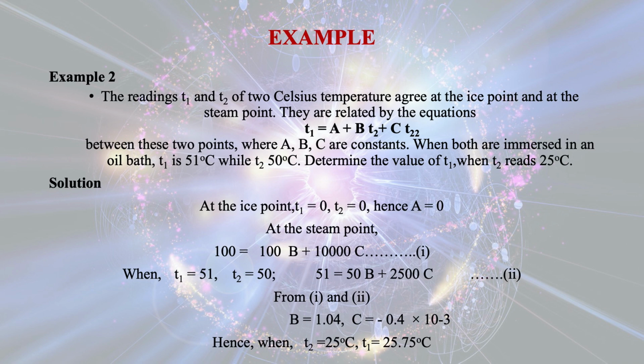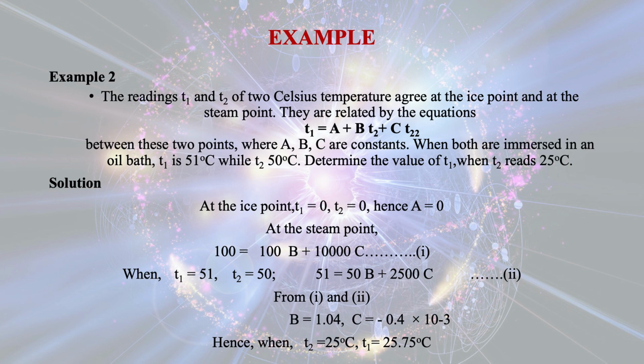At the ice point, when T1 is equal to 0 and T2 is equal to 0, A will be 0, because if you see the first equation for the expression of T1 and put the values of T1 and T2 both equal to 0, then obviously you will get A is equal to 0. So the first constant we have got is A is equal to 0.